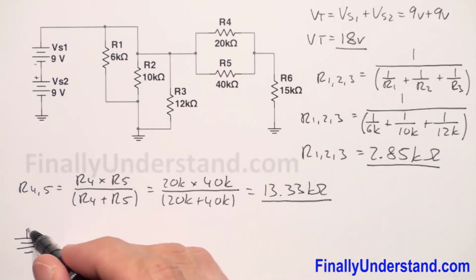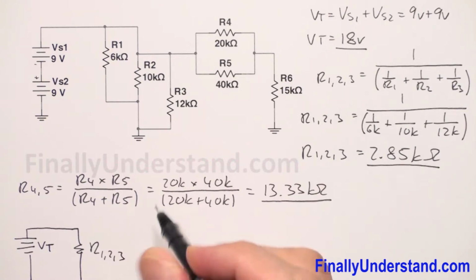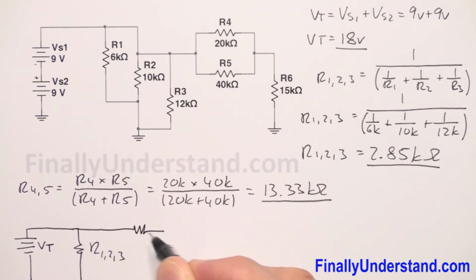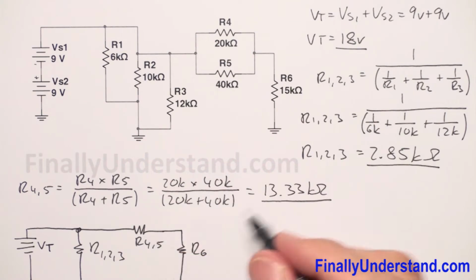Okay, so next we have resistor over here, and this is resistor R1,2,3, and we have another resistor over here, R4,5, and I have resistor over here, R6. Okay, so please notice that at this time these two resistors are in series. So I can simply add them up.